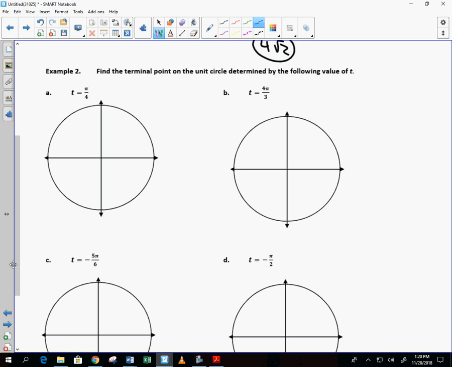We start with figuring out the angle. Pi over 4 is how many degrees? 45 degrees. Is everybody okay with that? So I am going to draw the angle at 45 degrees.